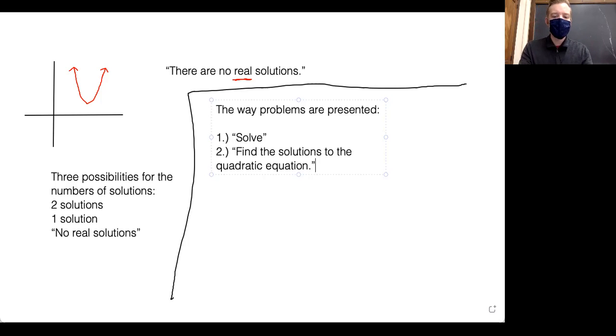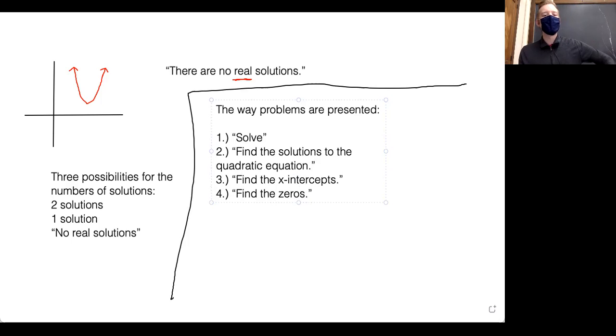You could also be asked to find the x-intercepts. And then lastly, you could also be asked to find the zeros. All four of these represent the same thing. All four of these are asking for the same thing.